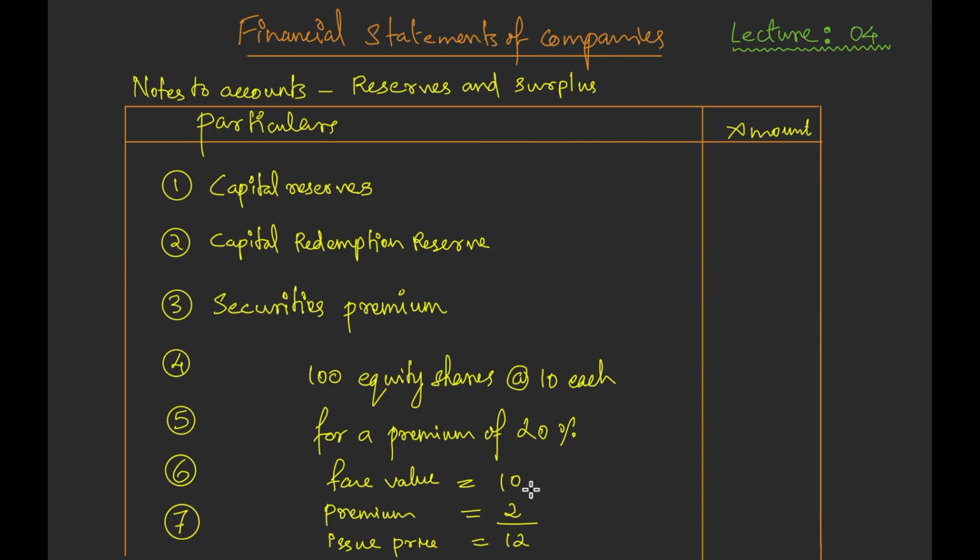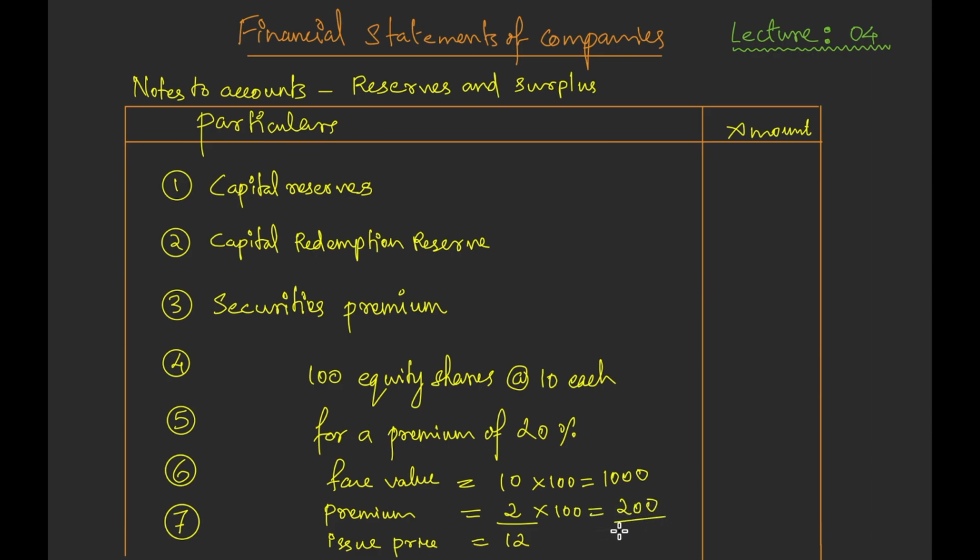The total money that the company is getting is face value 10 into number of equity shares 100, so 10 into 100, 1000, plus the premium amount, that is 2 into 100 equity shares, 200.